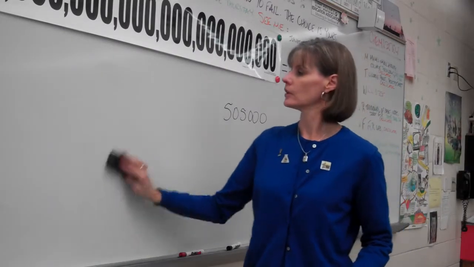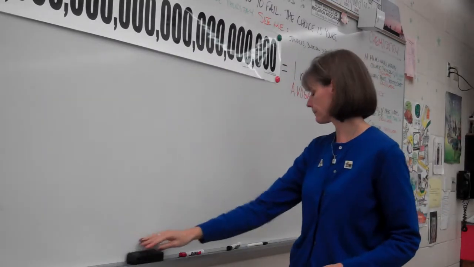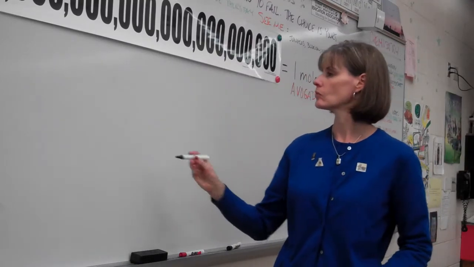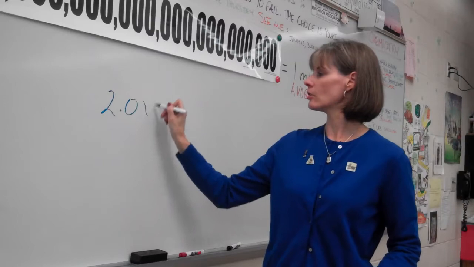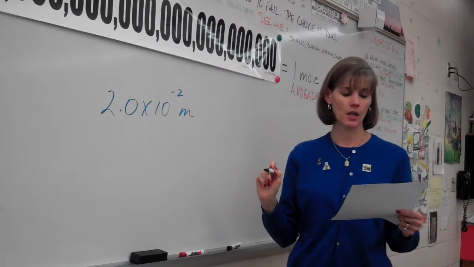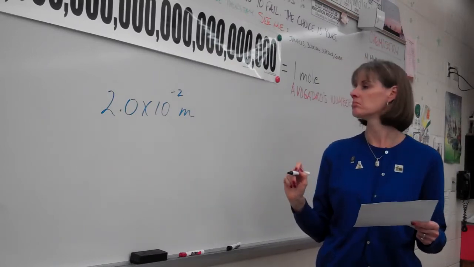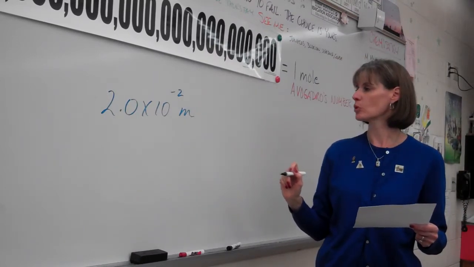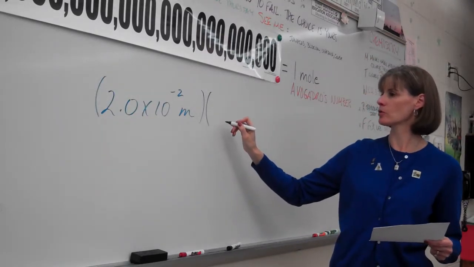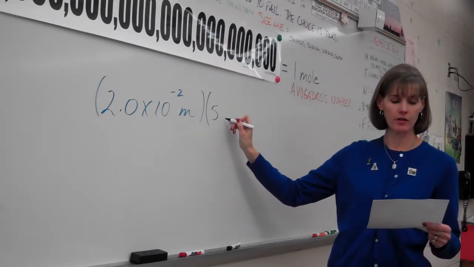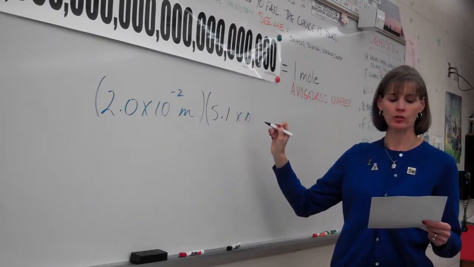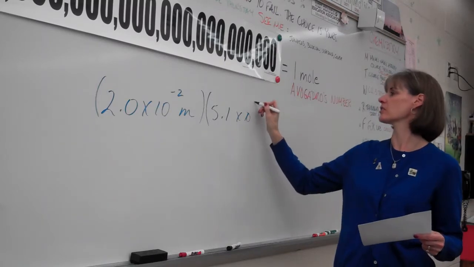So it will be something like this: 2.0 times 10 to the negative second meters, and we'll multiply that times 5.1 times 10 to the positive second.